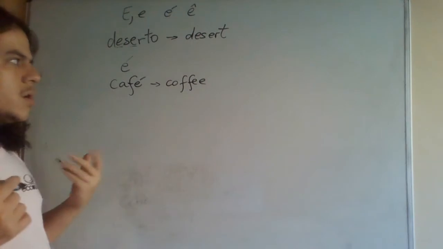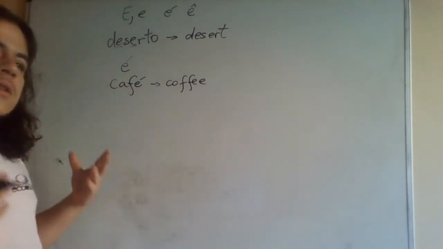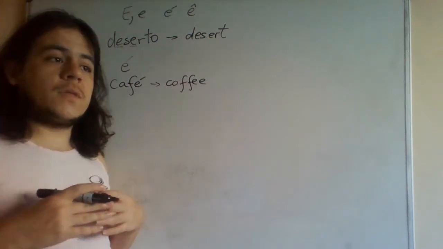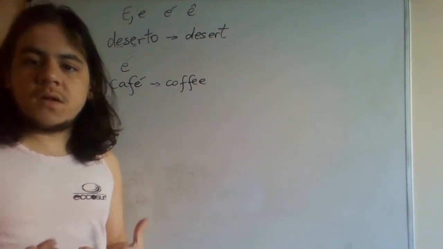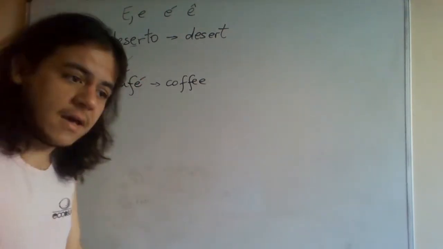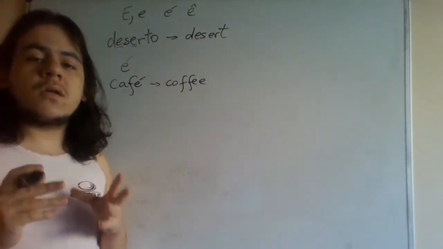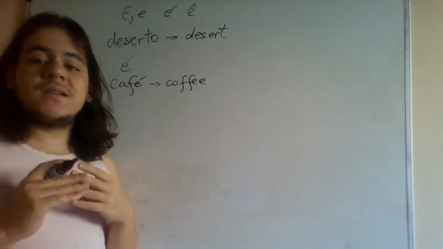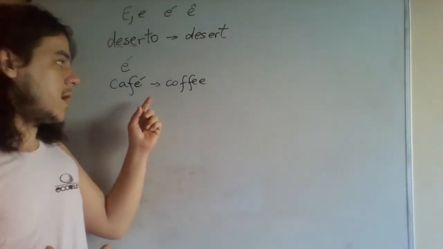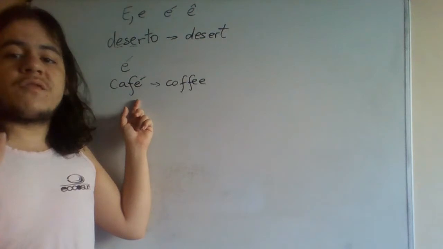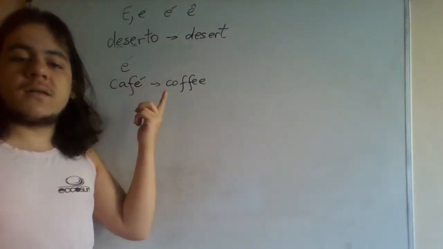Next class we're gonna see the accents, and we are gonna see that the accents in Portuguese are used to mark the strongest syllable, like here, café, and sometimes they can also mark the sound the vowel will make, like this. We say café because letter E has the acute accent.